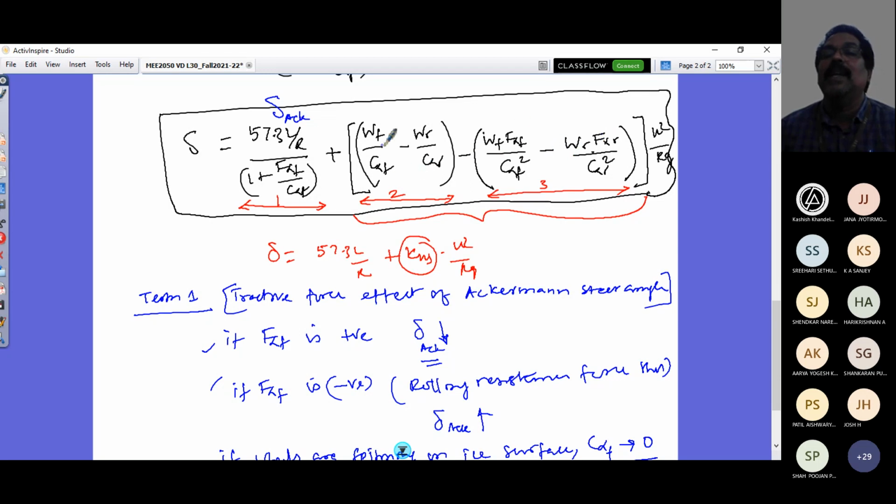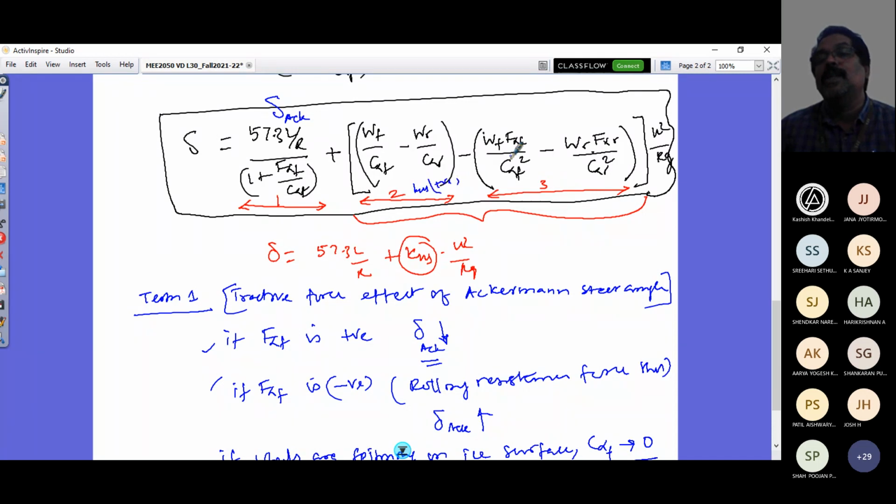This is already positive for the vehicle and this gets added, so that is understeer, more of an understeer vehicle. If it is a front wheel drive vehicle and this term is not there, I'll have this term, but if this term is smaller than this, then it is an understeer vehicle, right? This is KES positive, I consider.